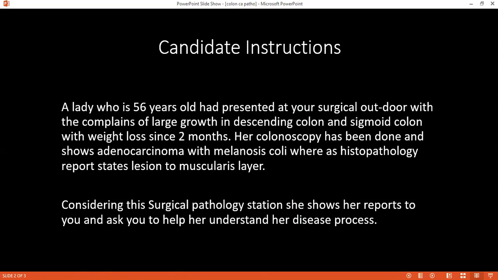What are the common carcinomas of the colon? The most common is adenocarcinoma. How would you grade it, considering the TNM classification?